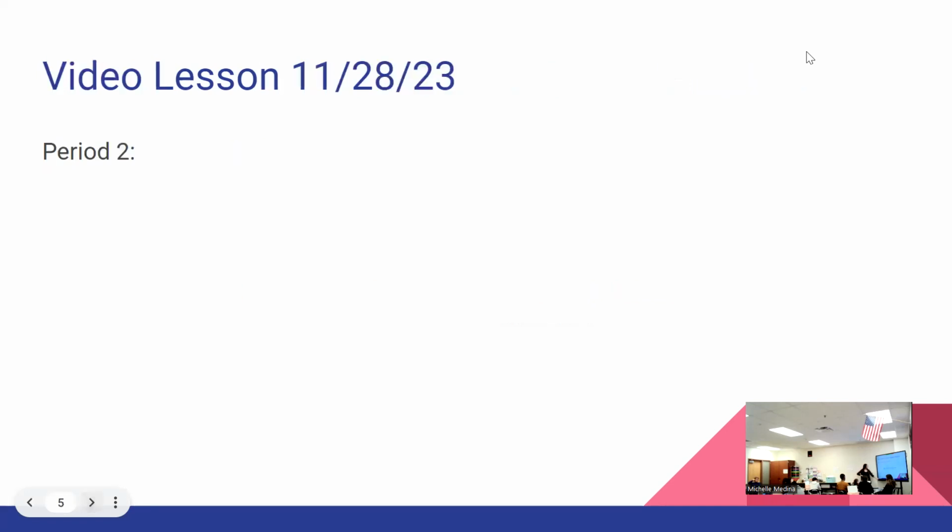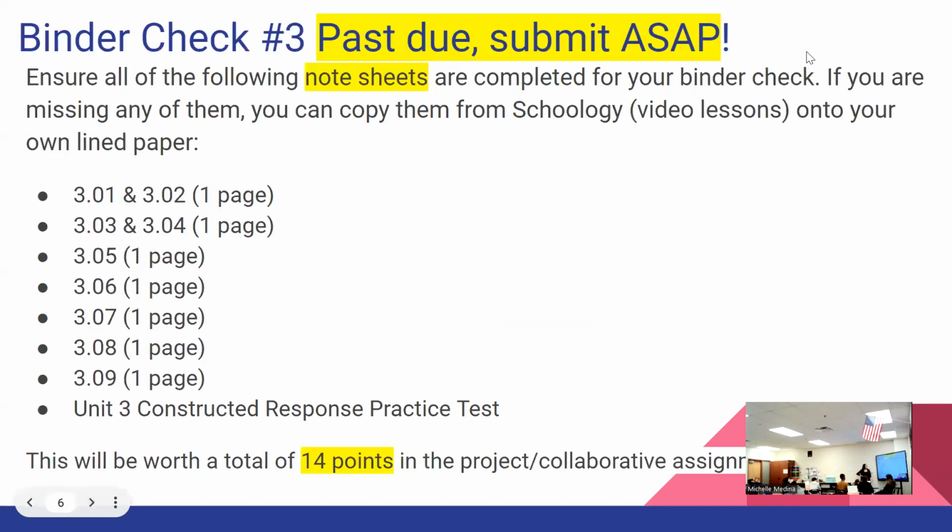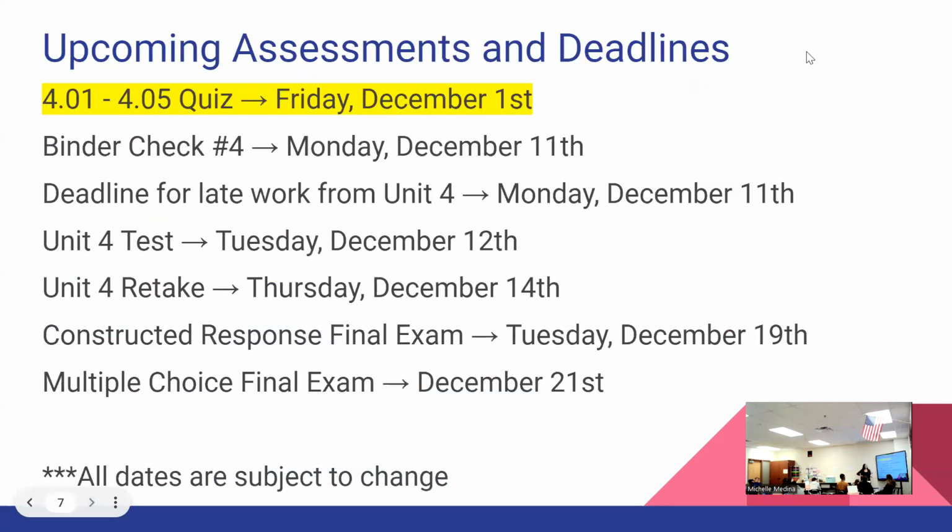I'm going to talk to you a little bit about basically the rest of the semester. These are basically all of the assessments for the rest of the semester, including finals. So we have the unit 4 test scheduled for December 12th. I don't anticipate that changing.